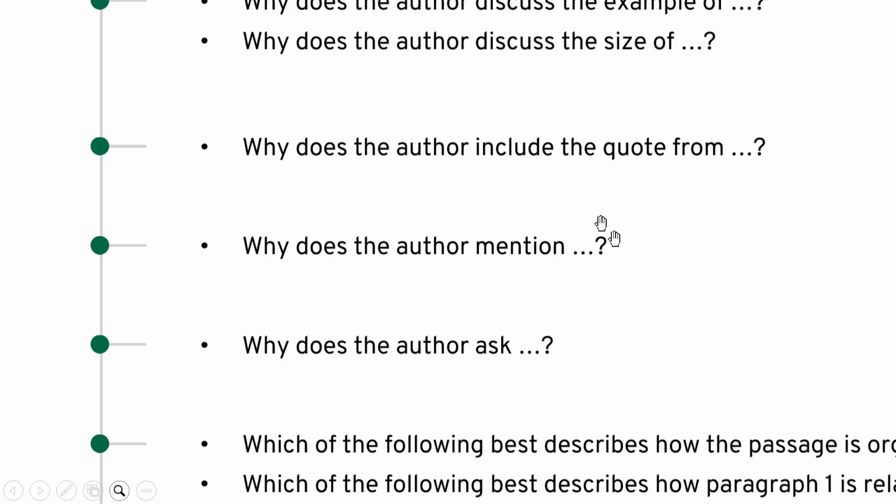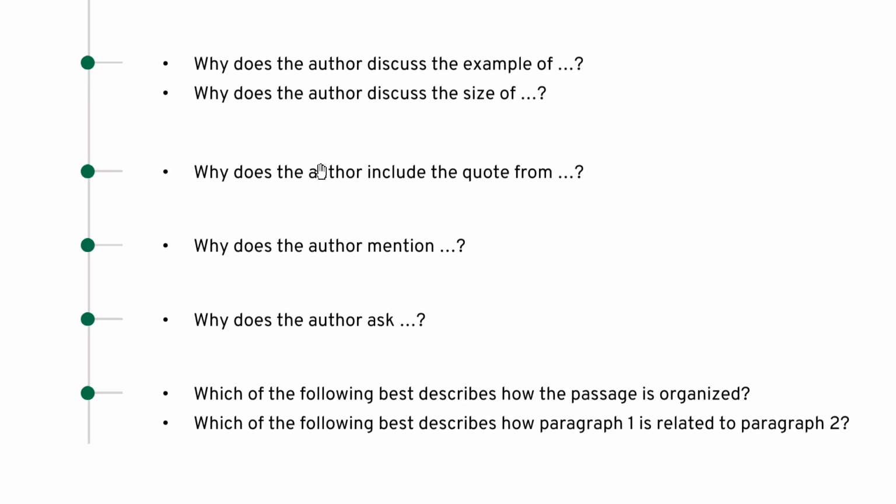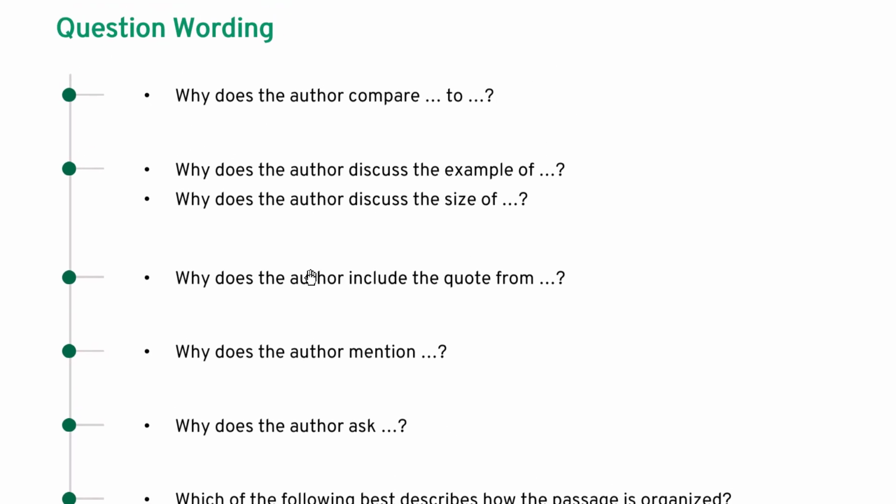Why does the author mention? So there would be a specific point of view. Why does the author ask? Again, we have the idea in this blank space. So these are all asking the reason behind a piece of text.